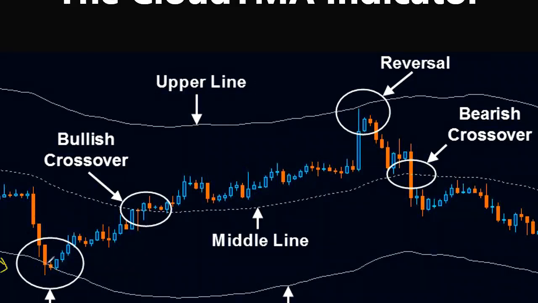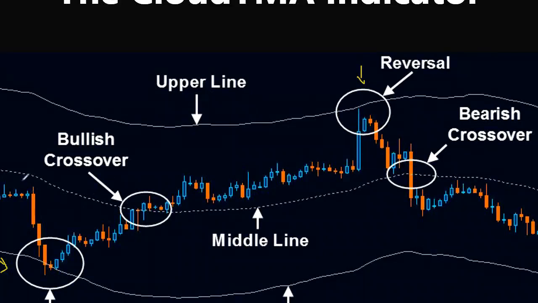It's touched the bottom line of the cloud TMA indicator and bounced back up. So we're looking for a reversal when price touches this bottom line in an upward direction. On the other side of the chart here, we're looking for a reversal in the opposite direction when price touches the top line. We're looking for it to head downwards.